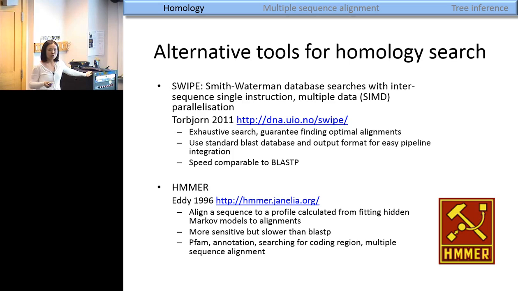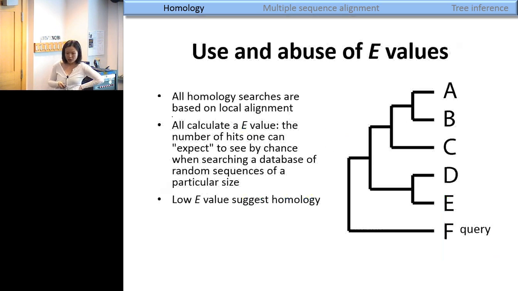It's also used in the majority of multiple sequence alignment. You can do profile alignment, aligning two profiles together and keeping each of the profiles the same. So yeah, these are the three major homology inference tools we typically use.